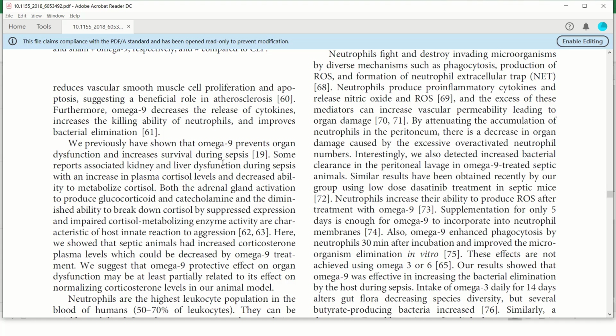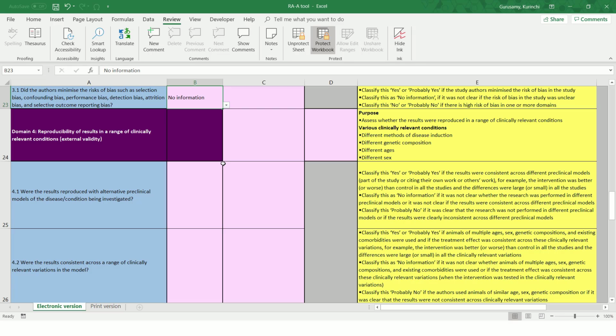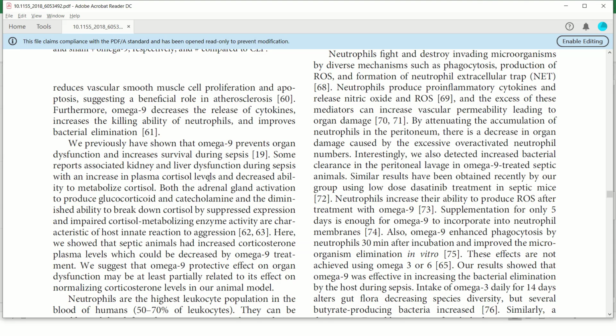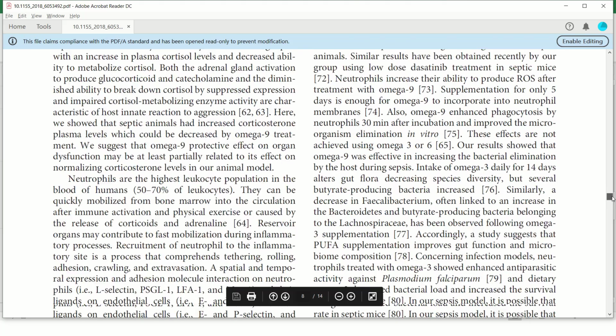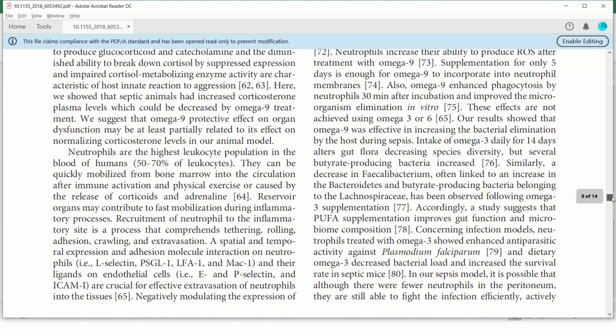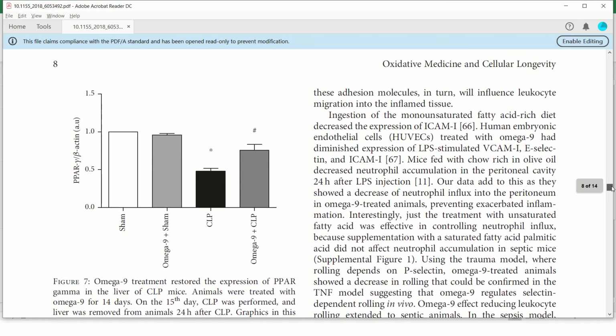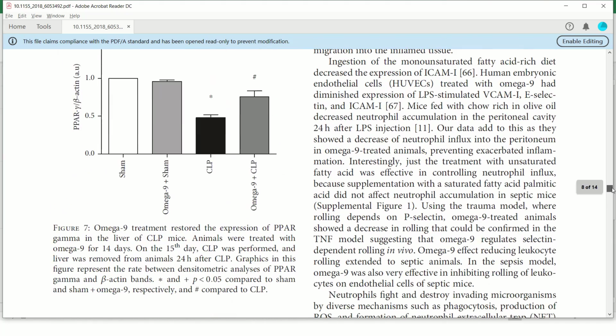Some reports associated. Okay, so here they are theorizing it. And their neutrophils are the highest. Reservoir organs.